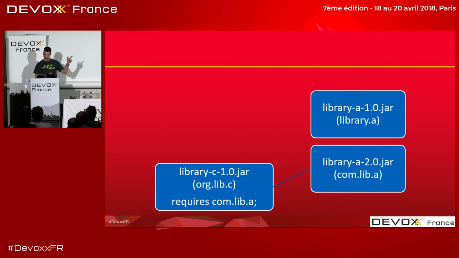Suppose this one has a bug, I cannot go back to library A 1.0 because then again there's a mismatch with the module name. So that's the point of no return. So really be careful when you start adopting these kinds of modules inside your module descriptor.